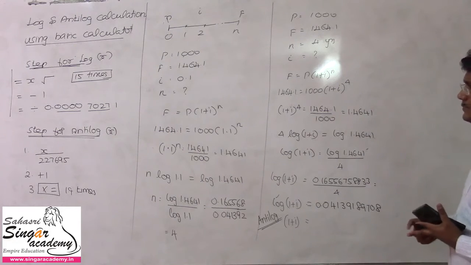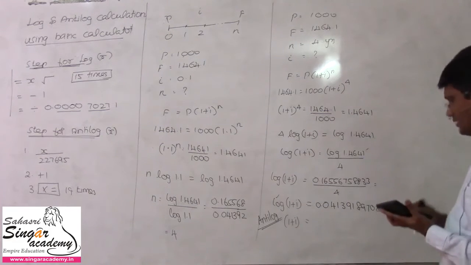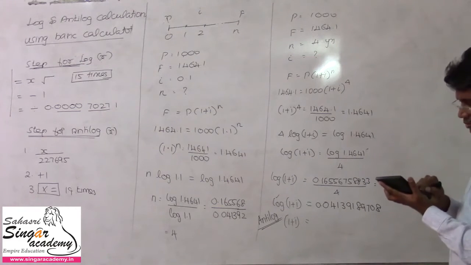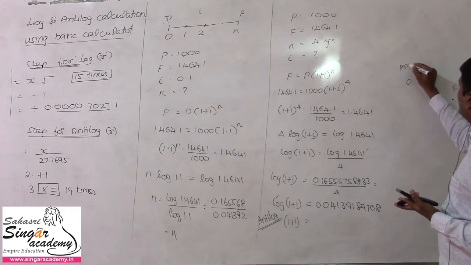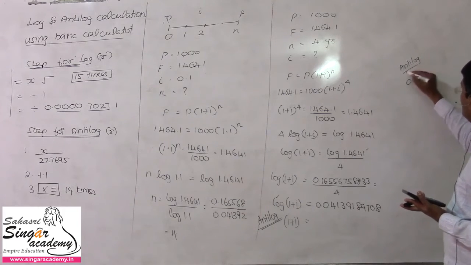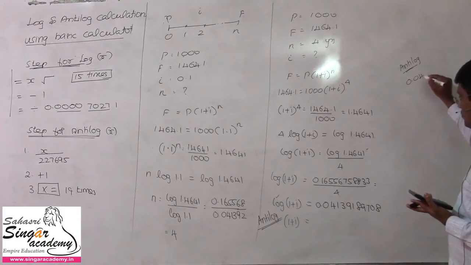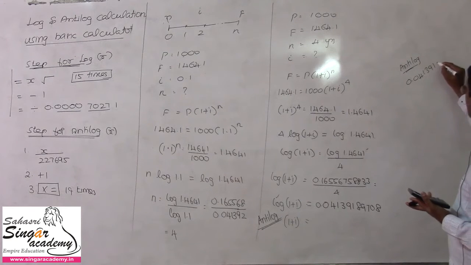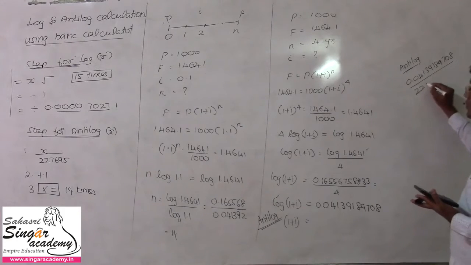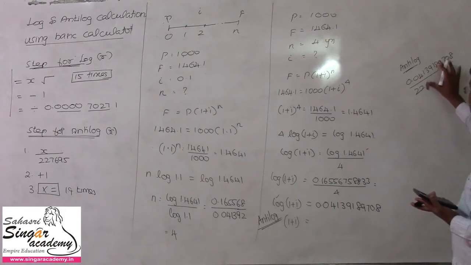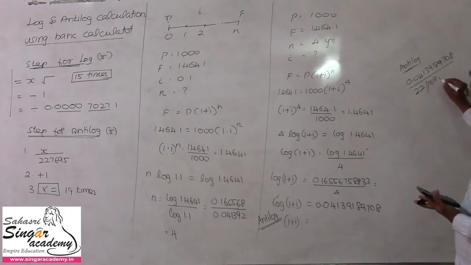I am going to divide 0.04139189 by the special number. So divide by 22. Okay. When taking the anti log, 0.041391899708, I am going to divide this by the special number 227695.